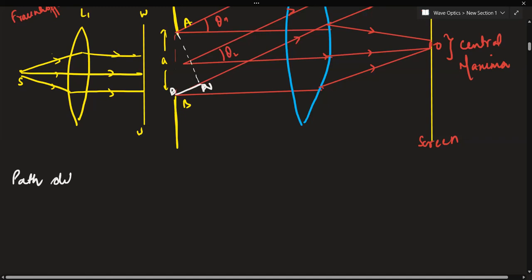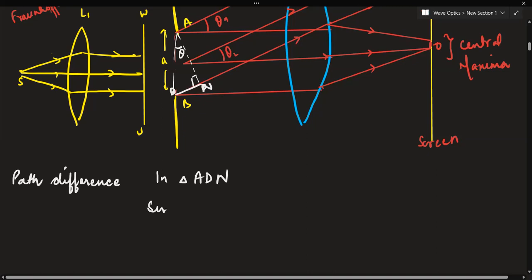So for the calculation of the path difference between the waves reaching the point P from these points, if you take triangle ADN, this is the angle θ, this is a perpendicular drop, so this will be 90 degrees.